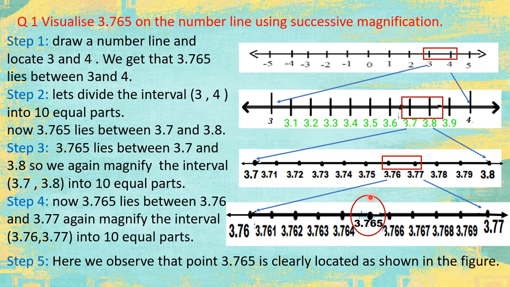By the magnification process we get the visualizing of 3.765 by successive magnification. So I hope that you will understand how to visualize the real number on the number line.